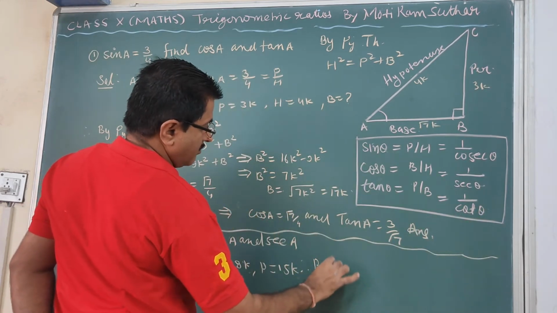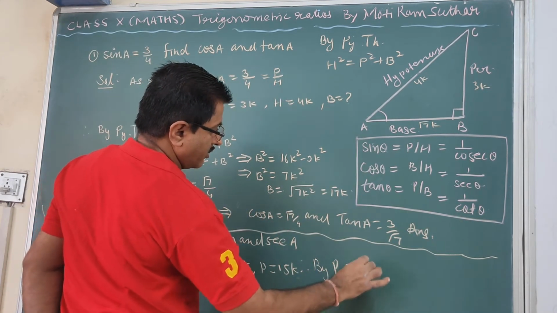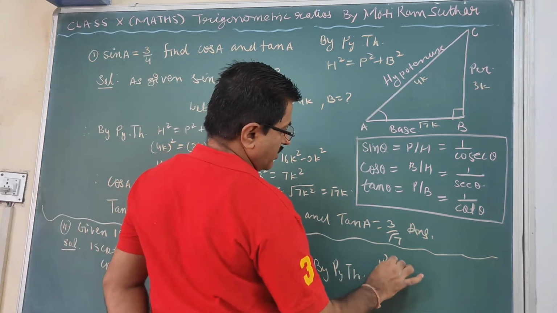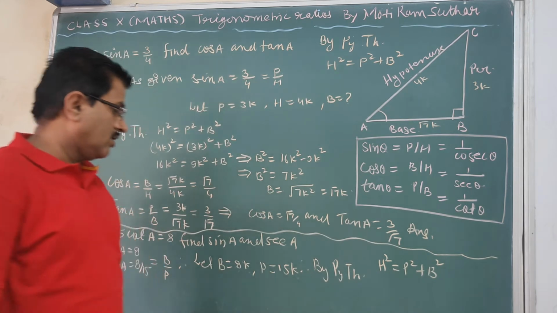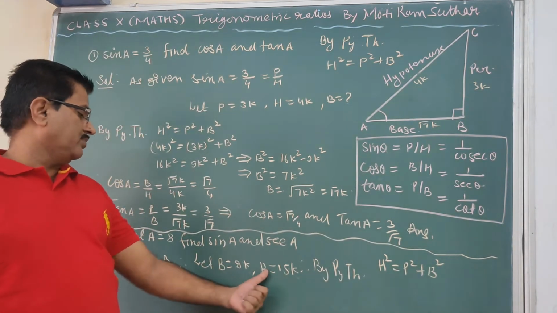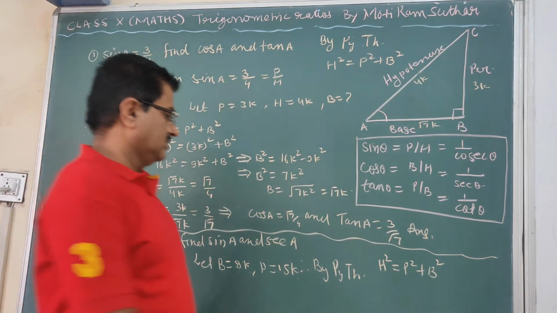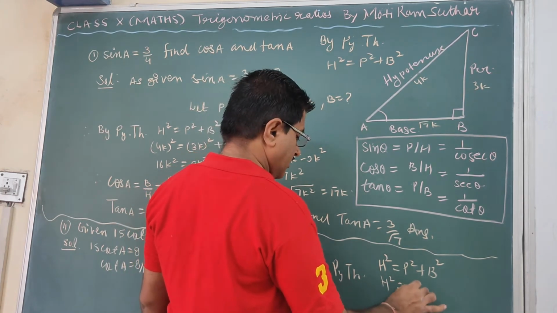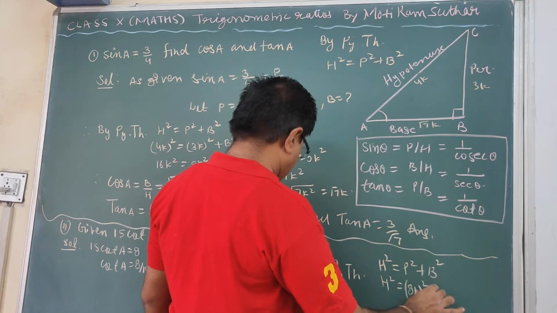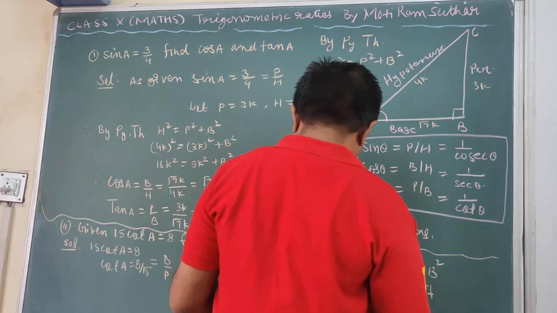So by Pythagoras theorem, h square equal to p square plus b square. Now we are given b and p, we have to find h. So h square equals 15k whole square plus 8k whole square.